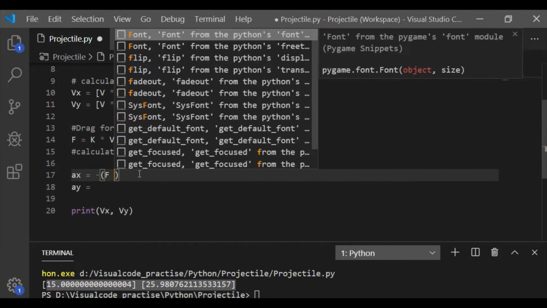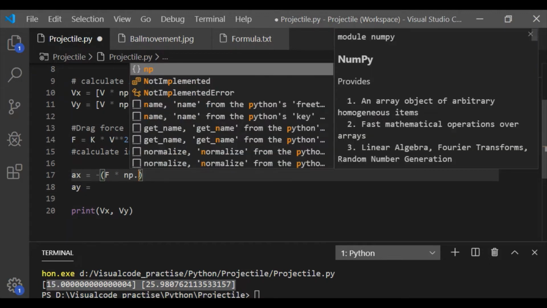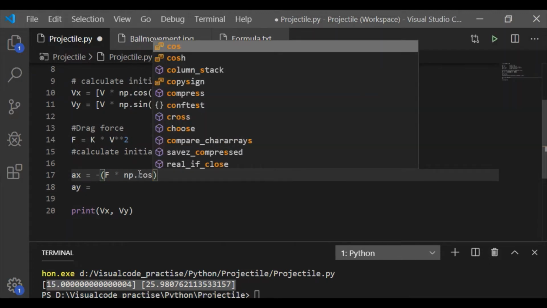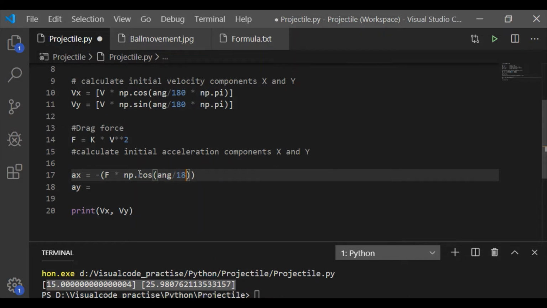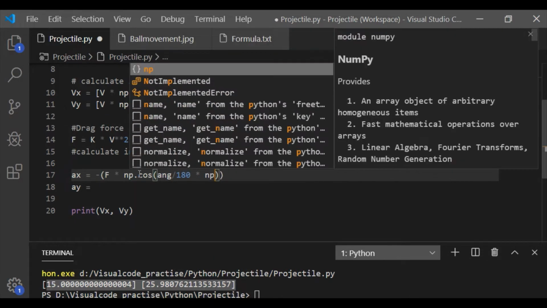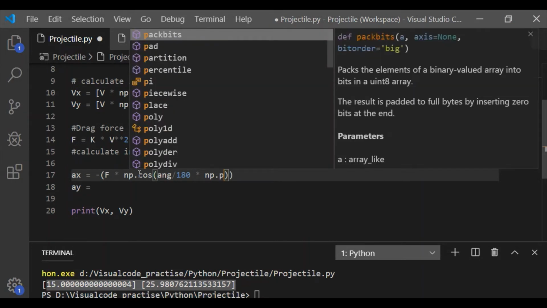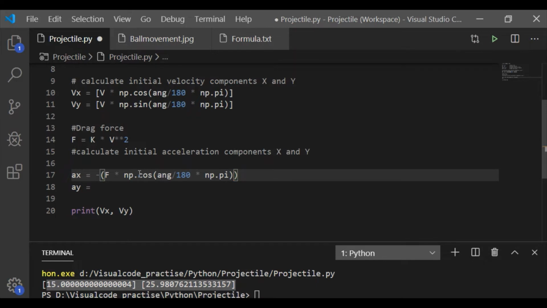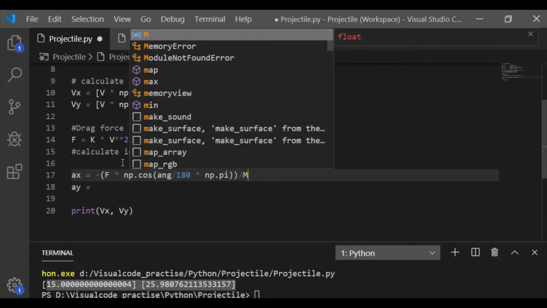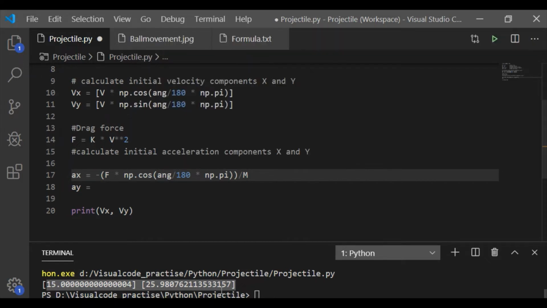As we have seen in the formula, Ax is the negative of the drag force multiplied by cosine theta divided by m. As theta needs to be in radians, let us convert the angle in degrees to radians by angle divided by 180 multiplied by pi. And the whole thing, F multiplied by cos theta divided by m, being the mass.